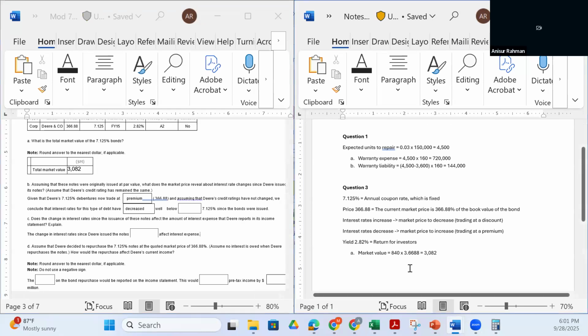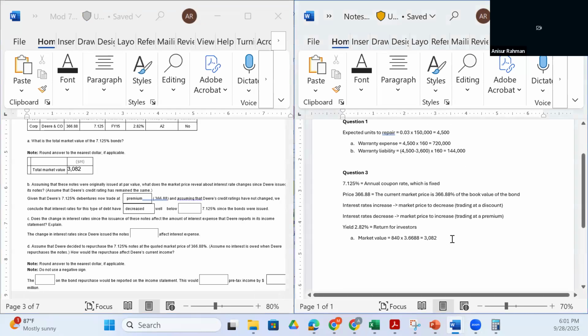So what happens when a company issues a bond? They have an annual coupon, so let's say it is 6%, but the market is saying, given the risk of the bond and other factors, it should be 7%, right? So then the bond is actually adjusted based on the market rate.